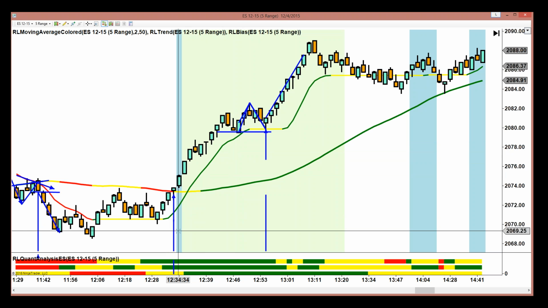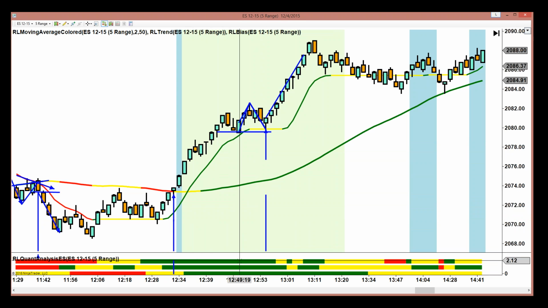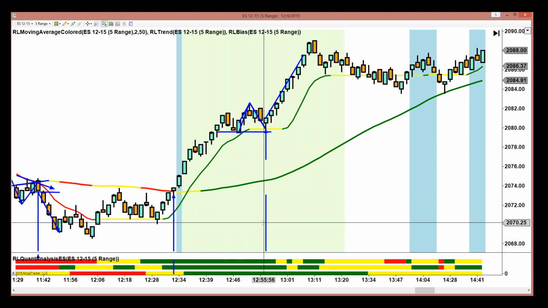Now we have multi-time frame analysis combined with multi-market analysis to help give us an idea of the positive predictive value of an entry at any given spot on this trading chart.